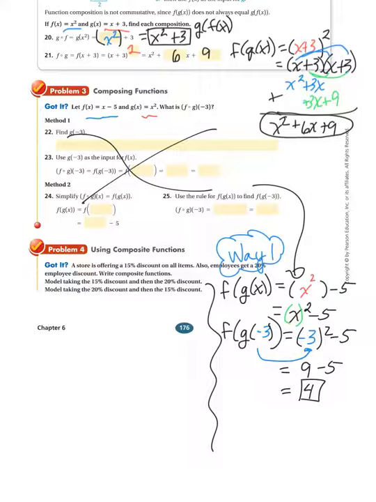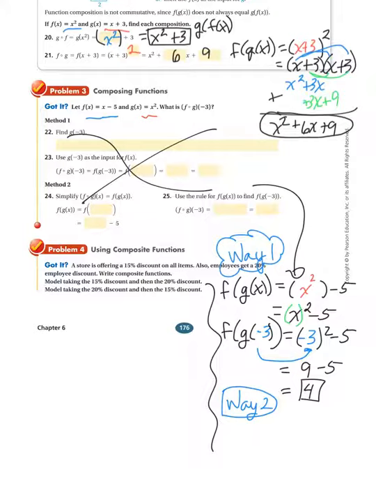Okay, way 2. Way 2 is you just plug it in all at once. Well, actually, let's talk about this.